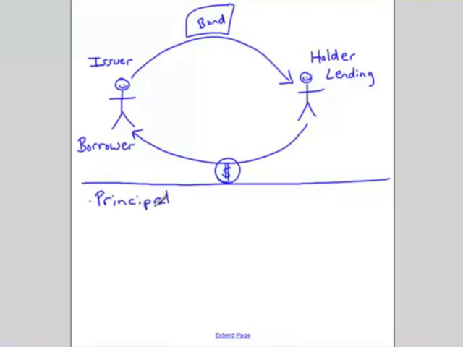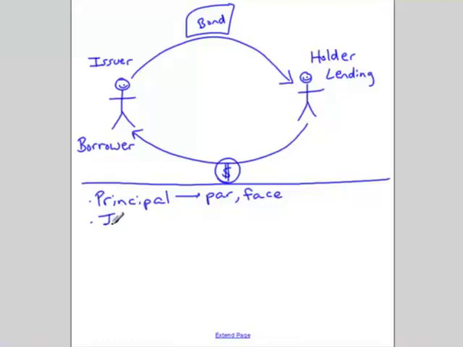If we're talking about a loan, the amount that's borrowed is the principal, and that principal must be paid back with interest. The principal for a bond is usually termed the par value or face value, sometimes also referred to as the maturity value or redemption value.